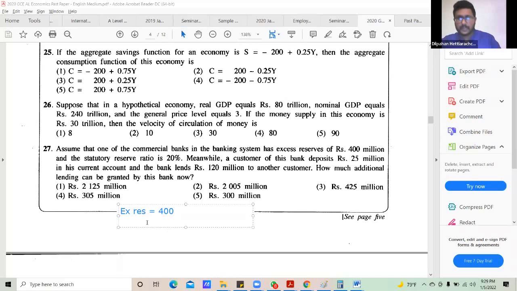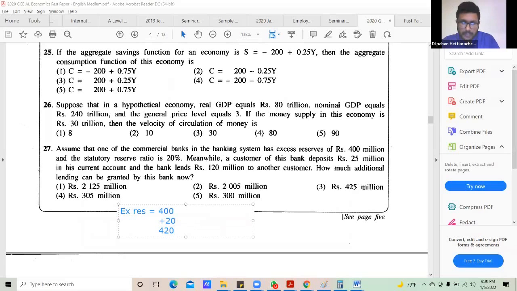From this accepted 25 million, they have to keep 5 separately without lending. Therefore, under the excess reserve, we can't put all 25. We can put only 20. So this new excess reserve will be 420. Right? So 400 plus 20, it's 420.